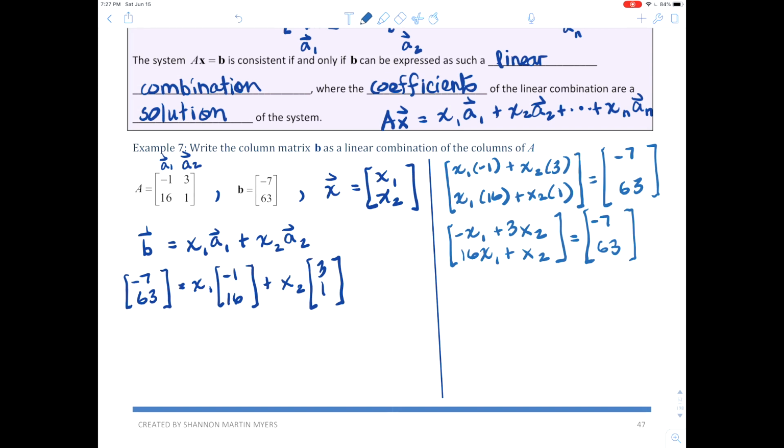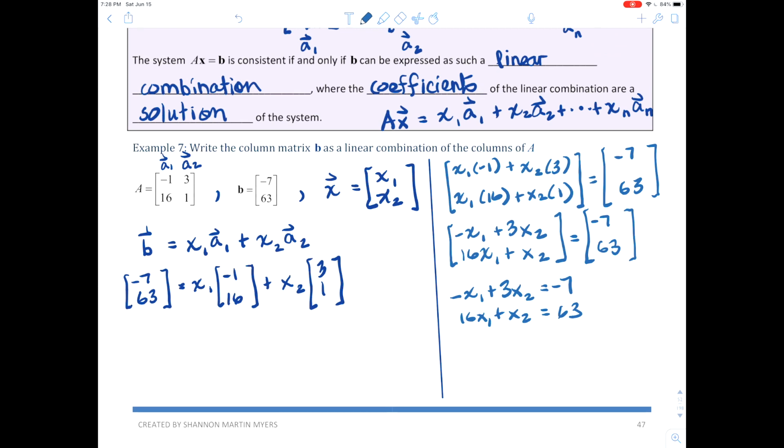So by matrix equality, can't we equate these components? So we would have -x1 plus 3x2 equals -7, and then 16x1 plus x2 is equal to 63. Cool so far?